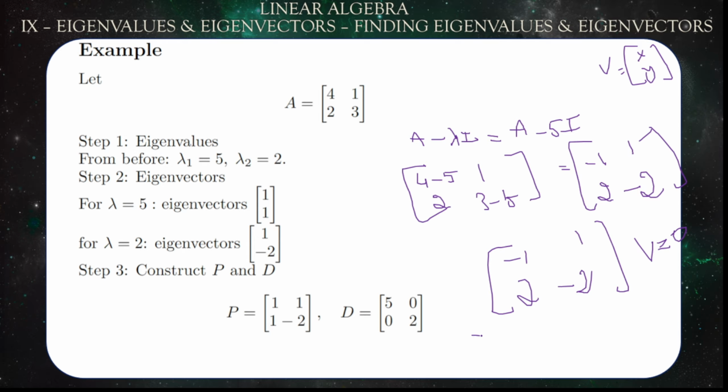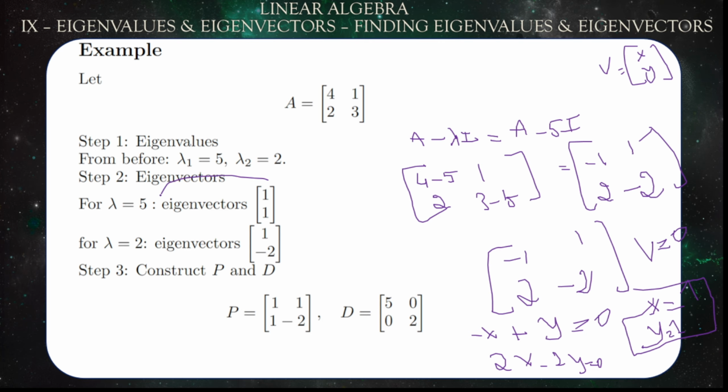So minus x plus y is equal to 0, which is x equal y, and 2x minus 2y is equal to 0, so also x equal y. So for x equal 1, y is also equal to 1. And this is the first eigenvector: (1, 1).